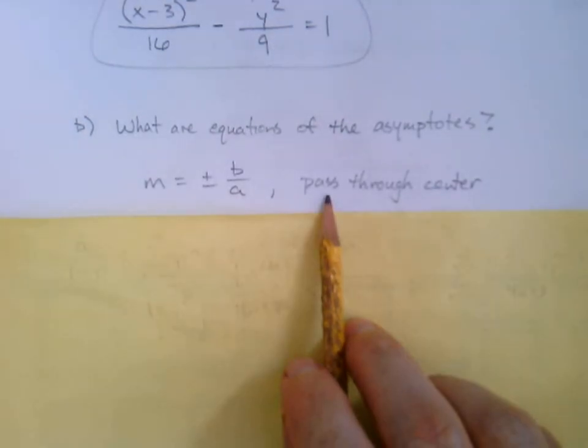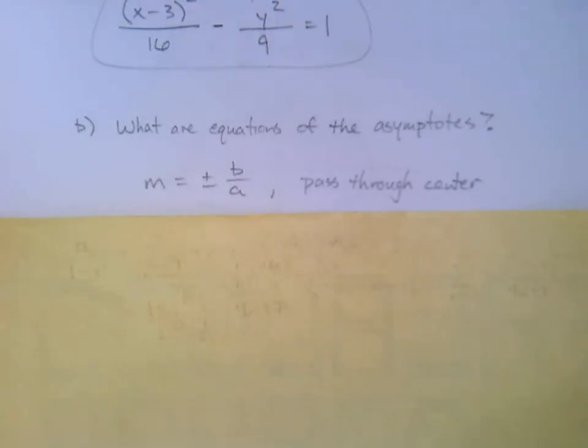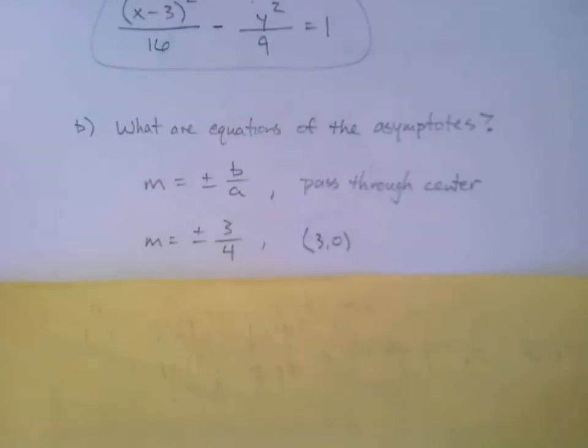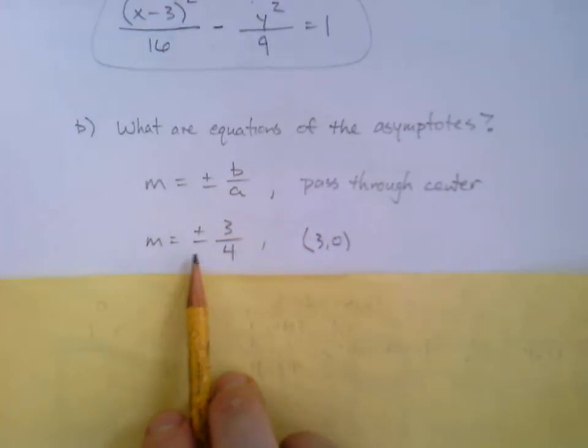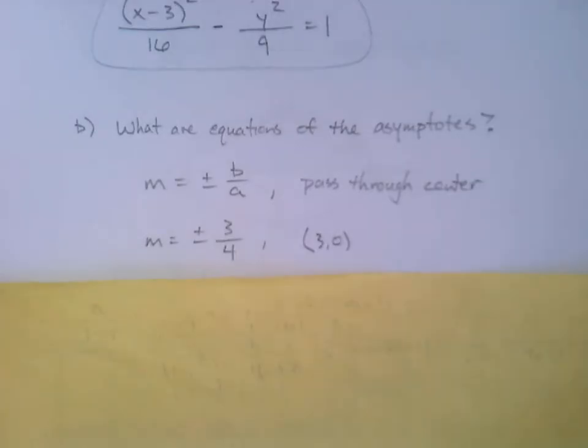And they always pass through the center of your hyperbola. So that's going to be helpful. What does that mean for us? If we think about the center, and about a and b, the slopes will be plus and minus 3 over 4, and both of them will pass through the point (3, 0).